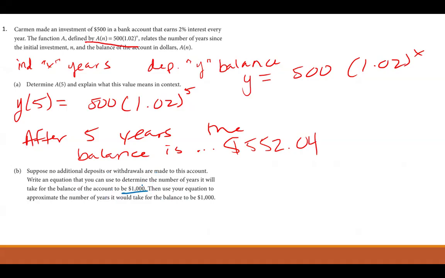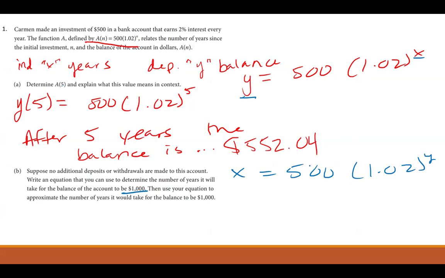Does that make sense? So our independent and dependent variables are switching. So what ends up happening is you see how this is here and this is here. When you're switching, because you're changing what you're inputting, it's going to become x equals 500 times 1.02 to the y.